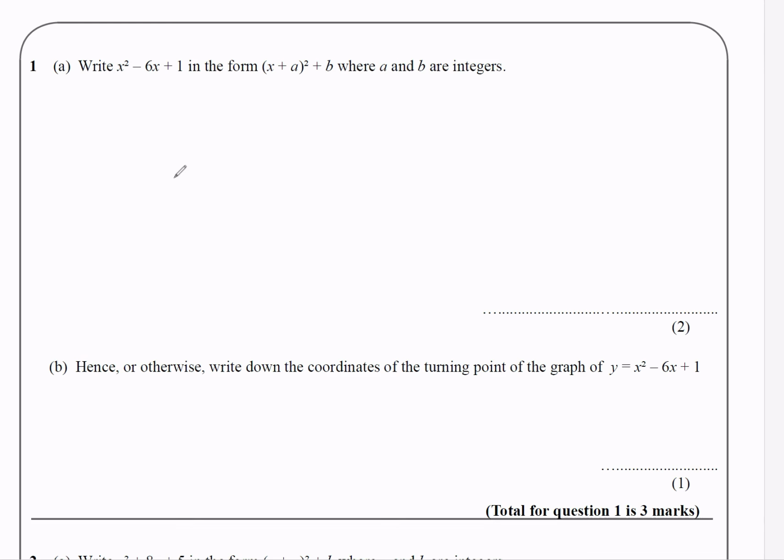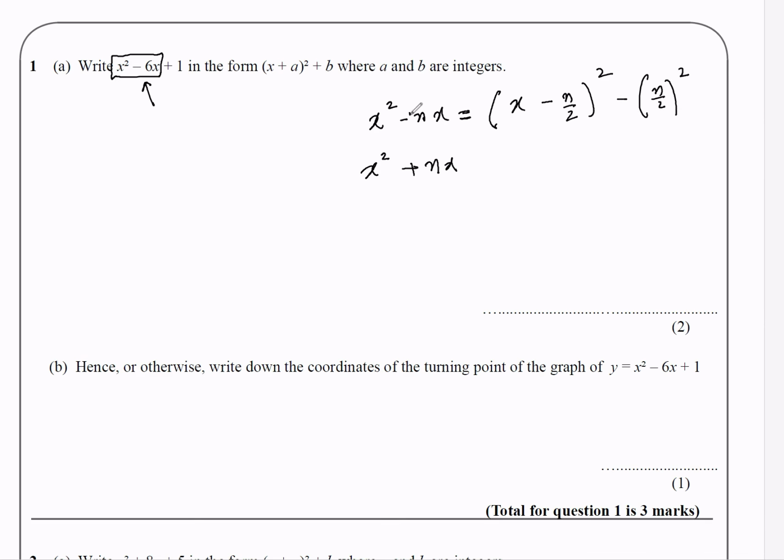Now, let's come to the formula. What formulas do we have for this part? The first formula is x squared minus nx, and the second formula is x squared plus nx. Now x squared minus nx means (x minus n over 2) whole squared minus (n over 2) whole squared. That is the formula for the minus sign, and for the plus sign it is (x plus n over 2) whole squared minus (n over 2) whole squared.